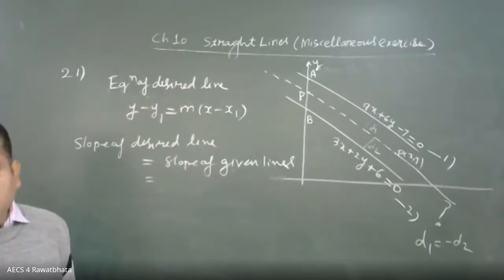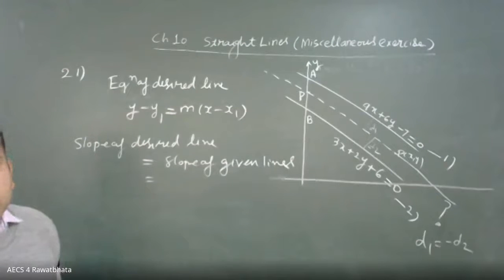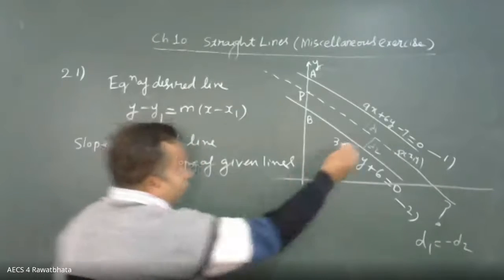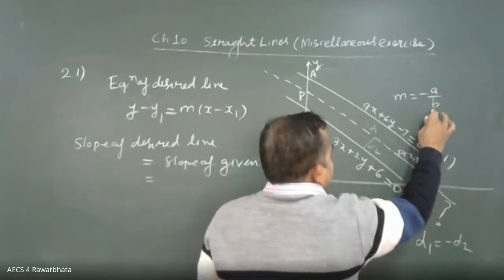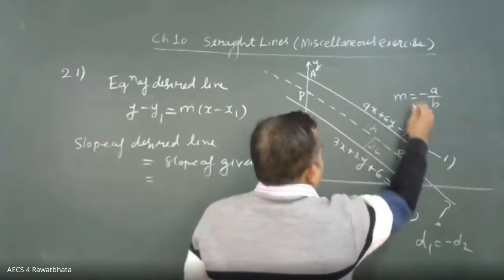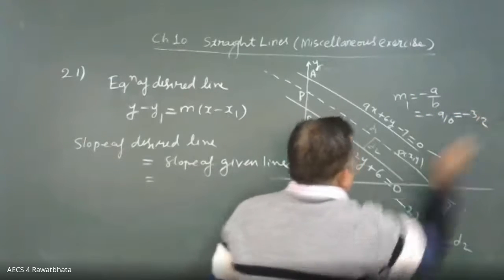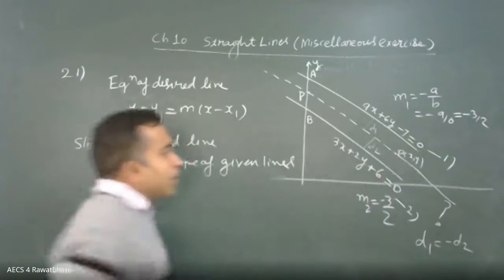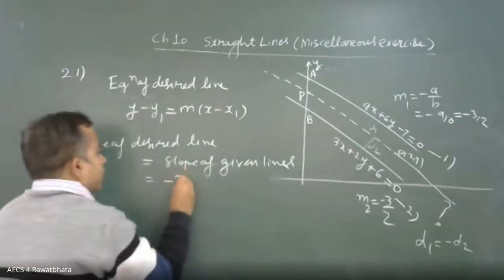What is the slope of line 1? -3/2. -3/2, because the formula is m equals minus a upon b, where a is the x multiplier, b is the y multiplier. So here m1 will be -9/6, which means -3/2. m2 is also -3/2. Slopes are equal since they are parallel. And the same slope your desired line will also have, -3/2.